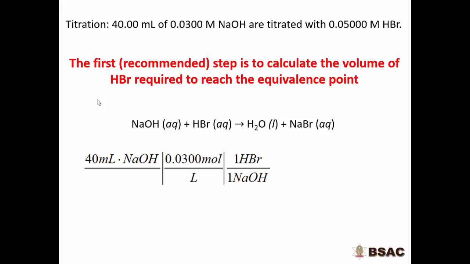But it's just a one-to-one stoichiometry here, easy conversion. And we'll multiply that by its molarity in this case, and we'll end up with volume in milliliters of HBr, which must be added to get to the equivalence point. So let's keep that in mind. It will take 24 mL to get to the equivalence point.